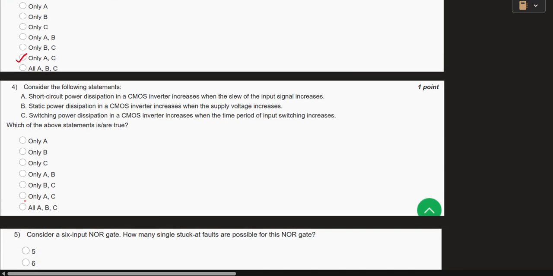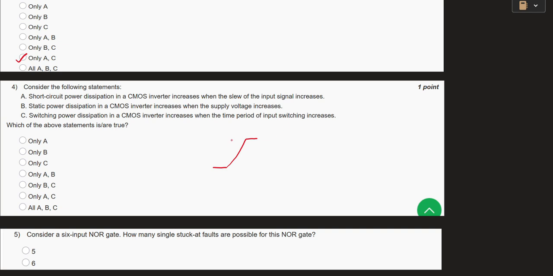Coming to the fourth one, consider the following statements. Short circuit power dissipation in a CMOS inverter increases when the slew of the input signal increases. Right, input slew. This is the slew: how gently or how abruptly my input is changing, how my signal is transitioning.